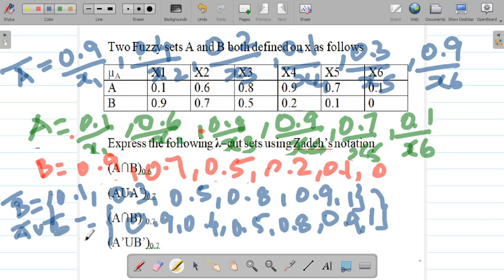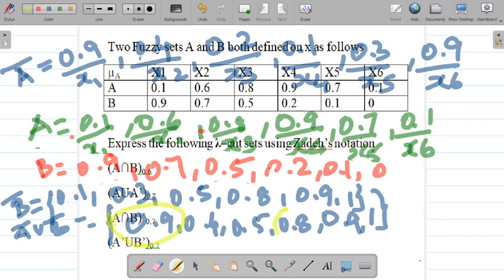So we need the answer for A bar union B bar with lambda cut 0.7, which means we are going to select the values greater than or equal to 0.7. So 0.9 satisfies the condition.